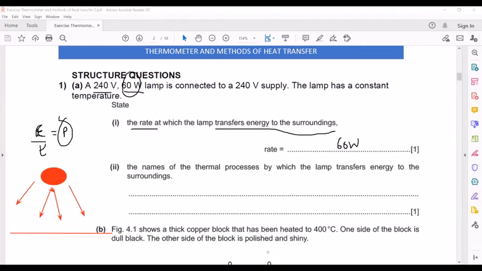By radiation, not conduction. It's electromagnetic radiation or infrared radiation. Conduction is when there is a solid. This is not conduction, only radiation.